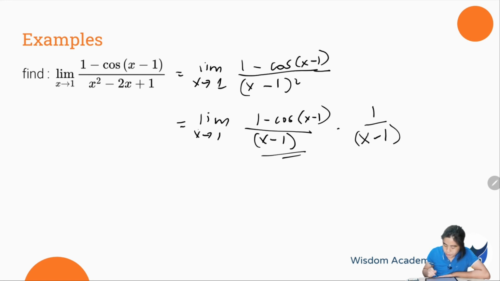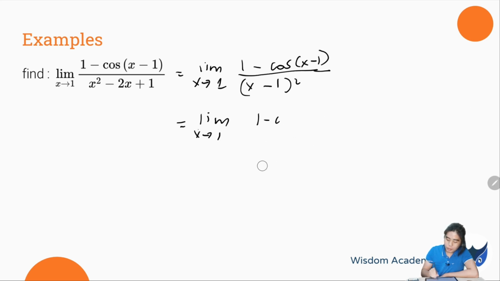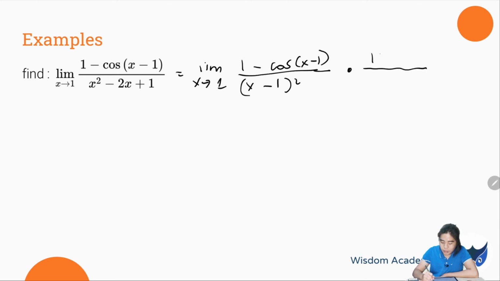And ito, maging equivalent sa infinity. So, we will have 0 times infinity dito. So, ibig sabihin, kailangan natin iiba yung approach natin to solve this problem. So, another way para isolve natin tong problem na to ay we can use trigonometric identities. So, we can multiply both the numerator and the denominator by 1 plus cosine x minus 1. So, yung conjugate lang nila nung numerator natin, x minus 1.